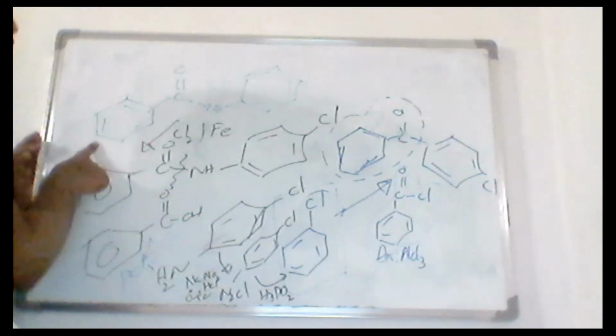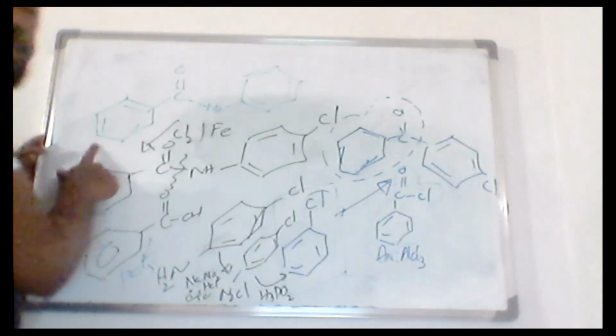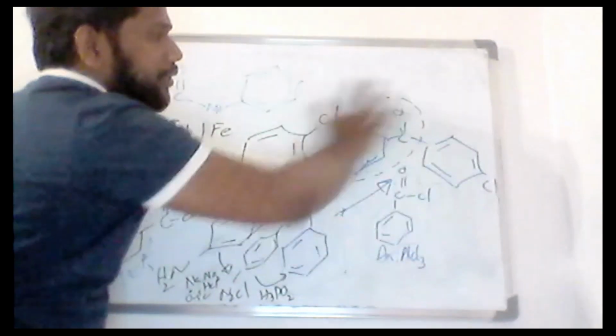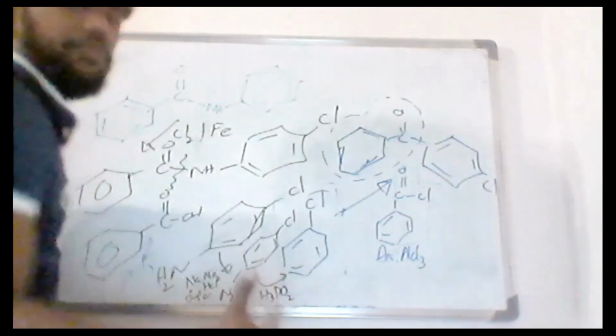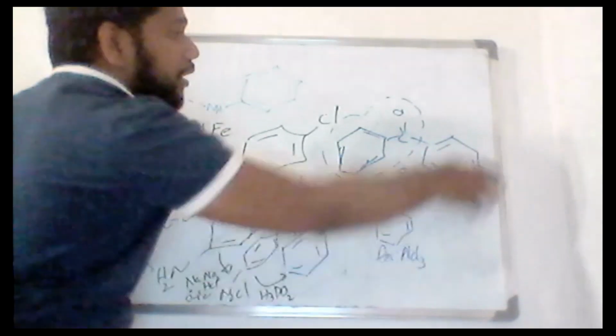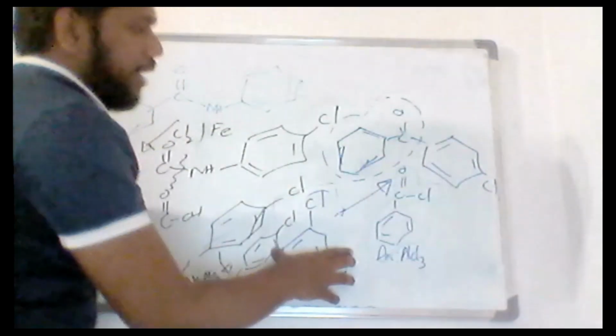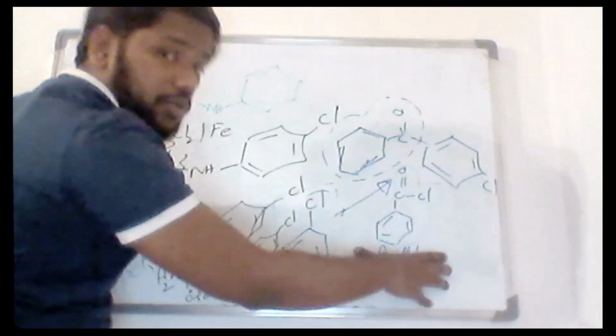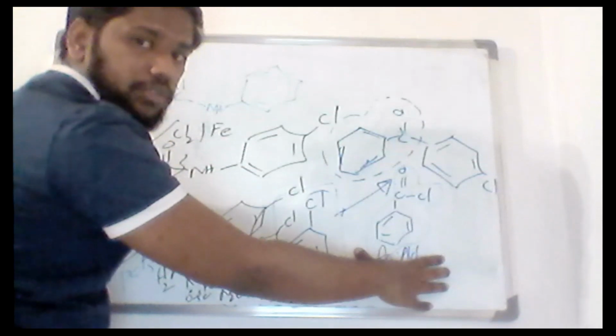Okay, so you have been given this structure and I have to take it from here. According to this structure, the only possible way that comes to my mind is it should be a chlorobenzene attached to an acyl chloride compound.